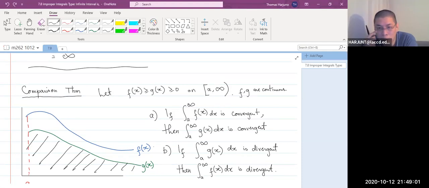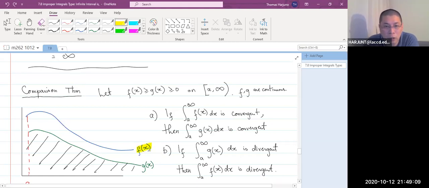Likewise, for the integral of the bigger function f(x) to be divergent, you need to start with a smaller function whose integral is divergent.